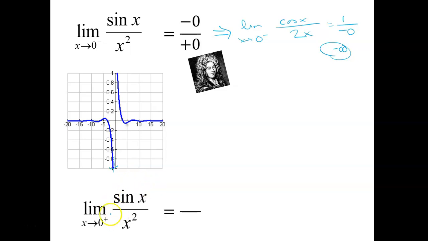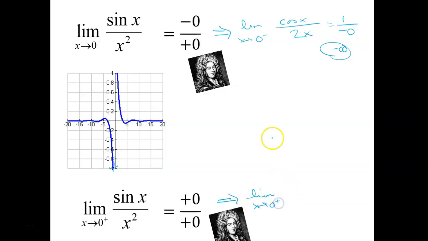Okay, now over here, the same thing is going to happen. We're going to need L'Hopital again. We're just approaching 0 from the other side now. So now I'm going to get positive numbers out of sine and positive numbers out of the denominator. It's still a 0 over 0. I'm still going to need L'Hopital. So I'm going to do the limit as x approaches 0 from the positive side.